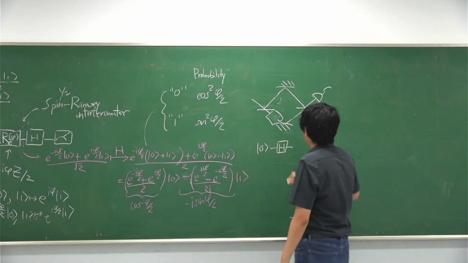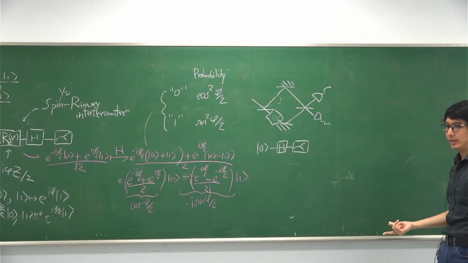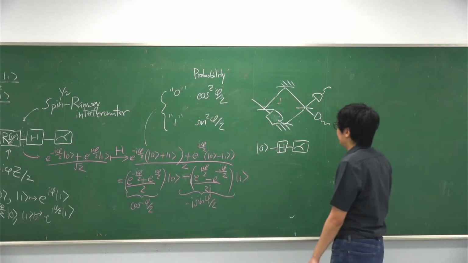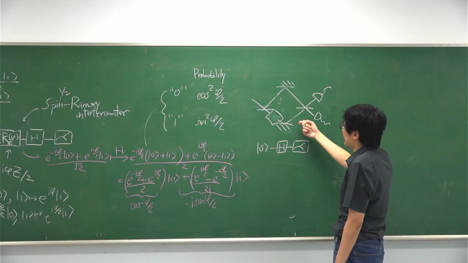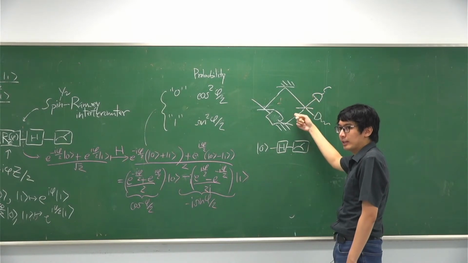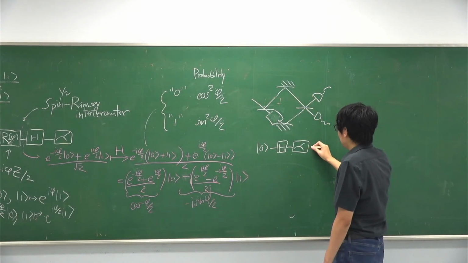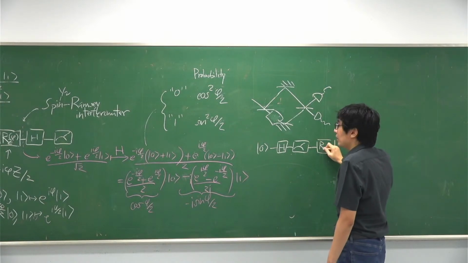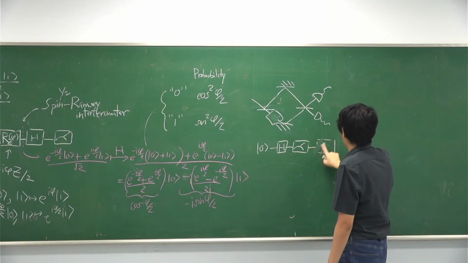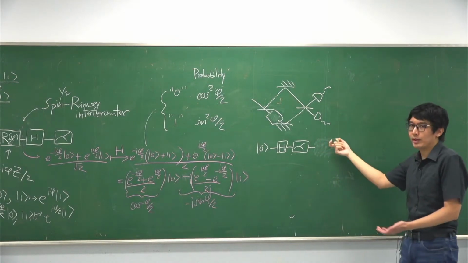So here I do the Hadamard and then I measure in the computational basis to see whether the state is 0 or 1, whether it's in the top arm or the bottom arm. Oh, I don't have the phase anymore, but I can include the phase here if I want.